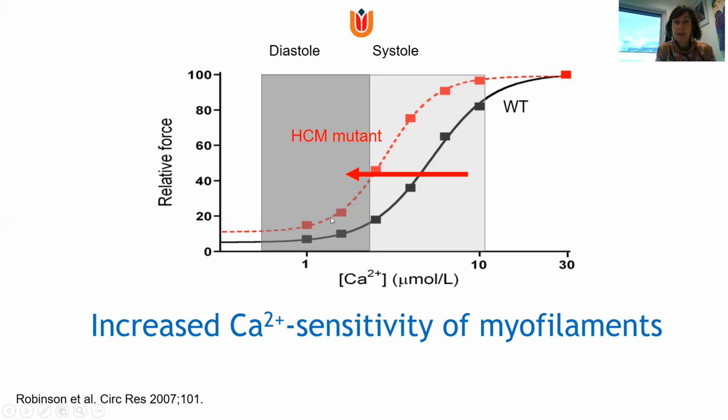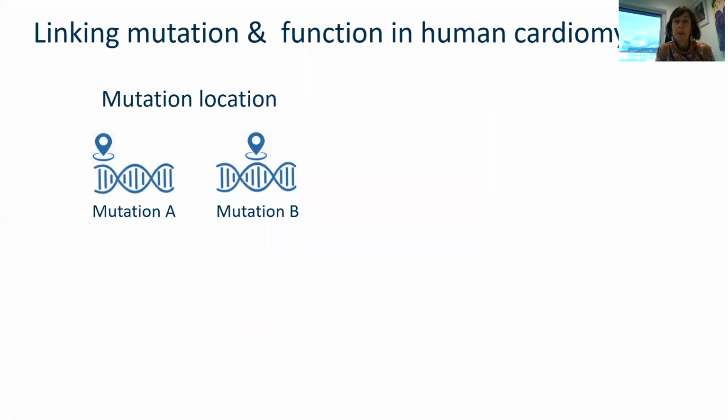Force development is still high. So this would impair relaxation. This could explain diastolic dysfunction, but it would also mean that at any given calcium concentration, the ATP consumption of the sarcomeres, of the myofilaments, would be high.